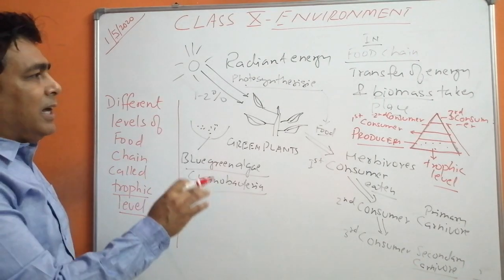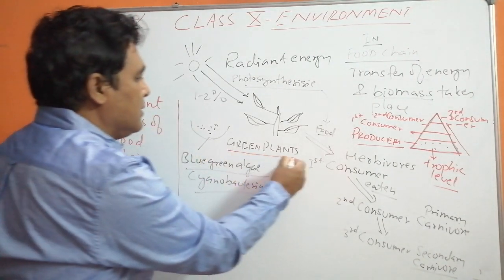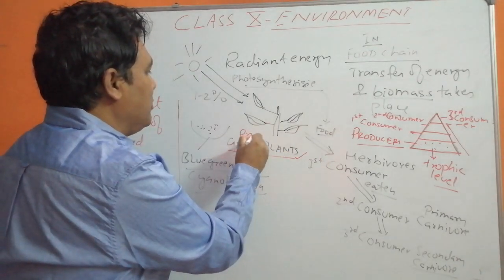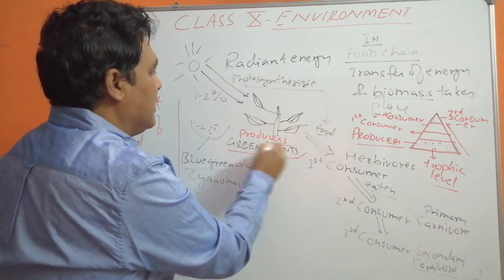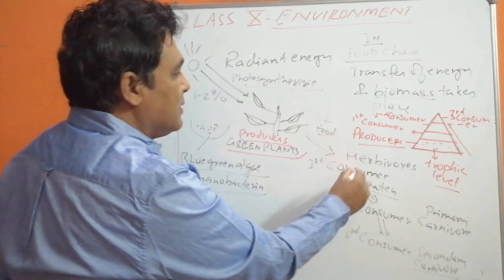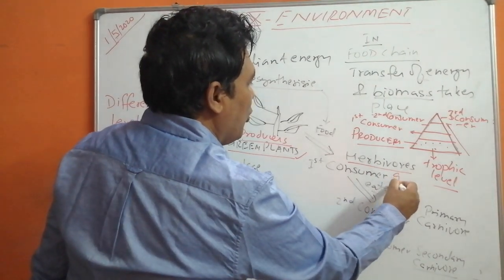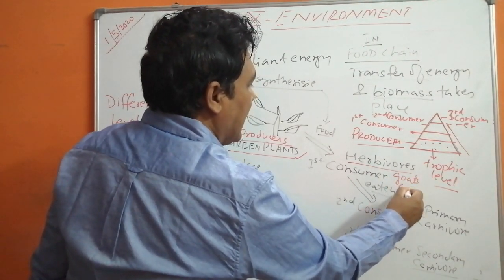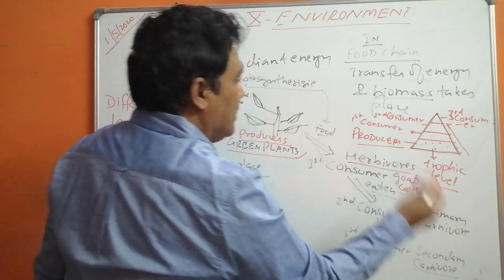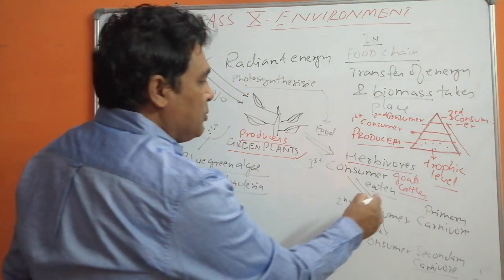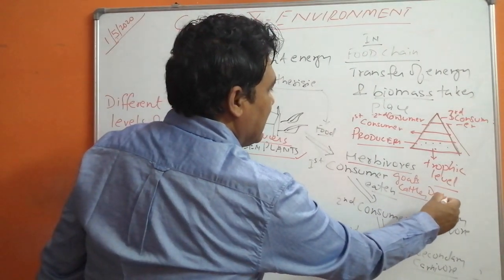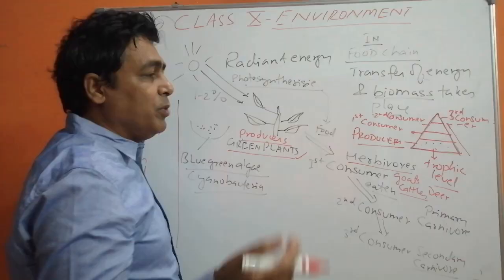Like producers will have green plants, these are producers. Consumers, herbivores, they have goats, cattle. Now comes your consumer, deer also is there, rabbit is there, rabbit is omnivore.